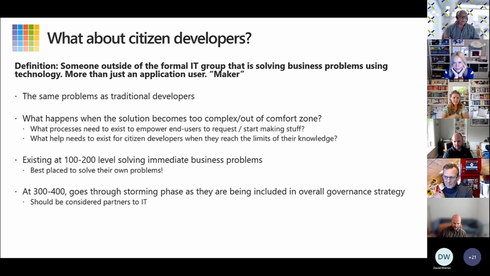If you're in IT and you're working with citizen developers, it's an opportunity for IT to get better at what they do, because they ought to be examining what it is that they want these citizen developers to be doing and making sure that they're doing it themselves. Just because they're not in IT doesn't mean they're evil and that they're going to build these horrible systems that no one's ever going to be able to support. Everyone's got a story of that, but they don't talk about all the successes.